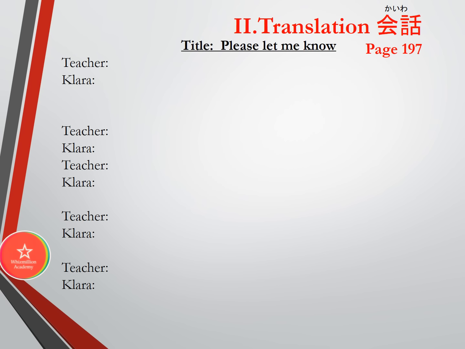Sensei is talking to Clara-san, and in this instance, because Sensei is a teacher and an acquaintance of Clara, when the teacher is talking to Clara, he may or may not use sonkeigo, but Clara will have to use keigo as a polite expression.